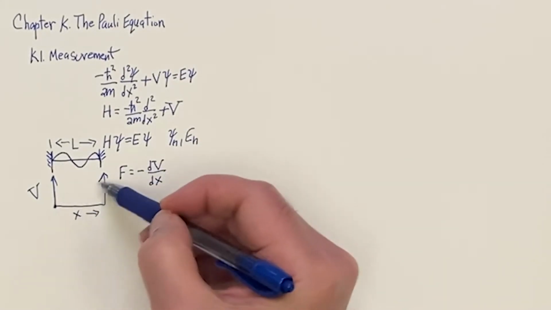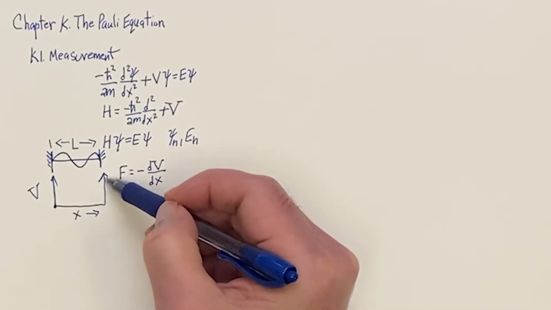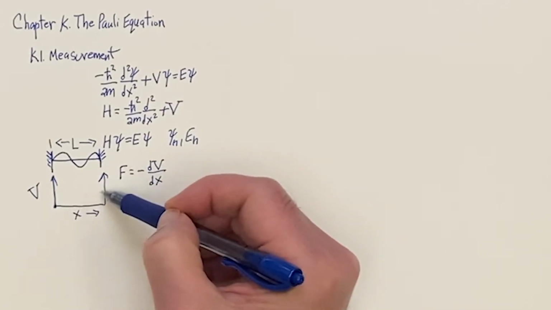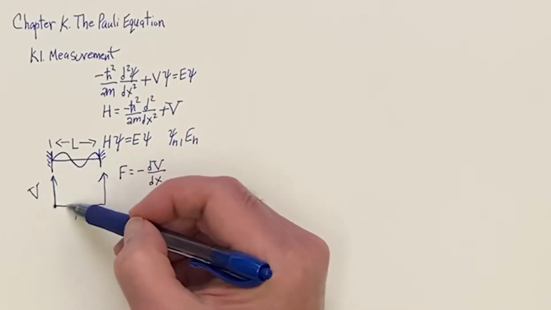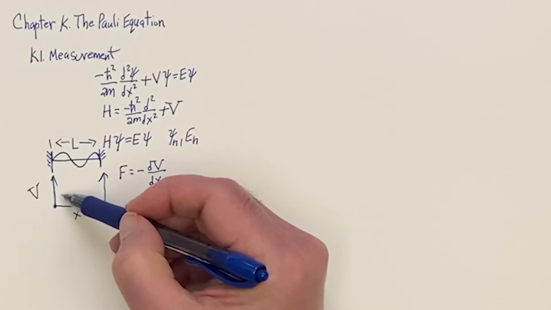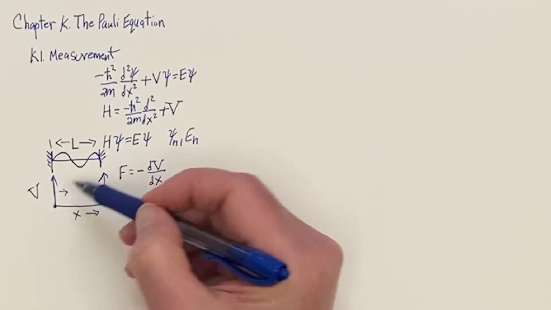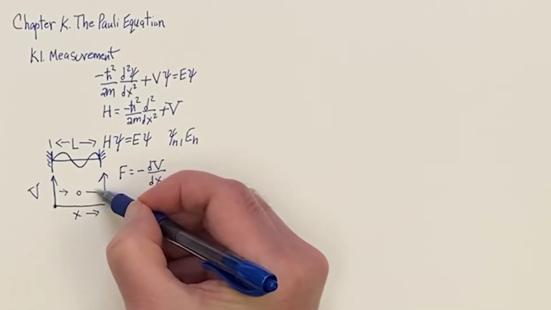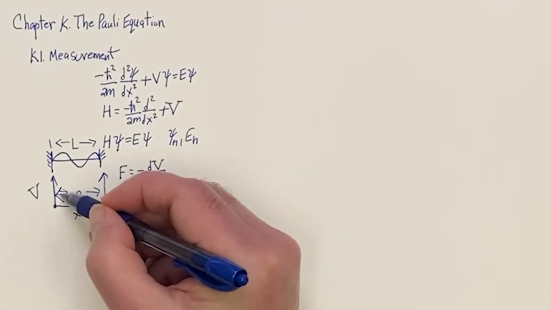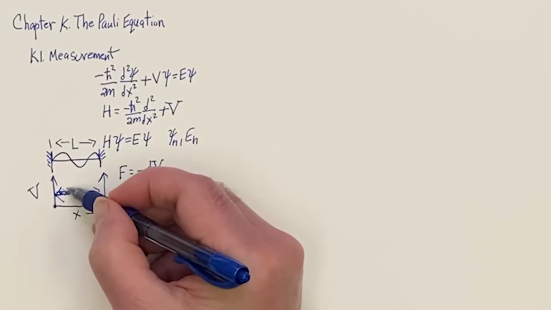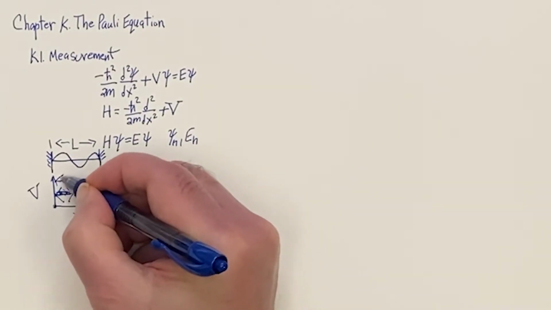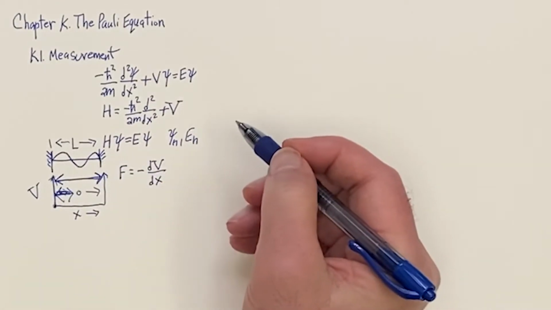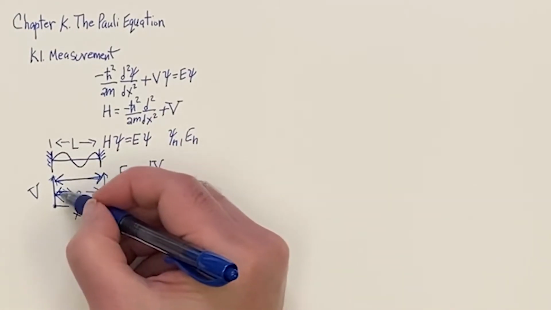Then when you get here, say to the right, you have infinite slope, and the minus sign means infinite force to get you back. Here you have negative infinite slope, and then if you put a minus sign, it'll be a force that'll kick you back this way. So the particle is moving back and forth like this. It's basically going to hit here and then come back and hit there, and hit there.